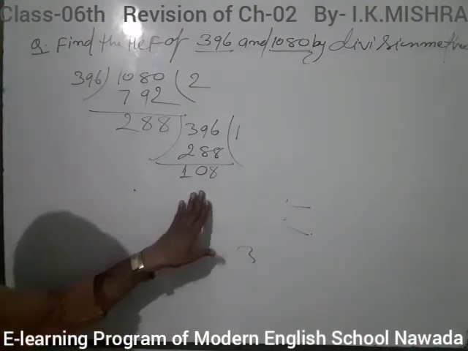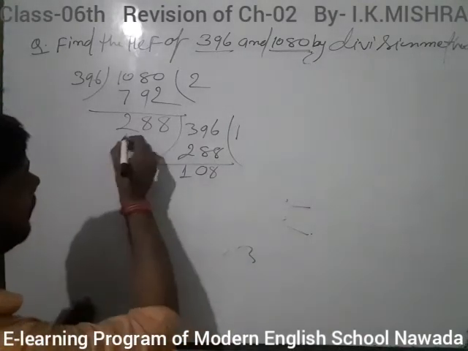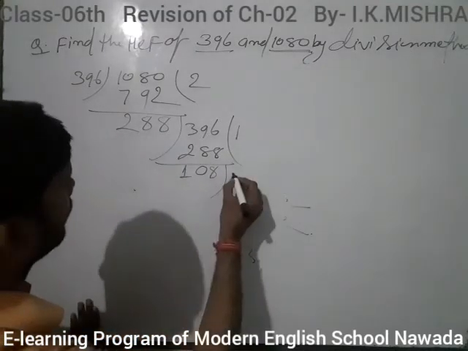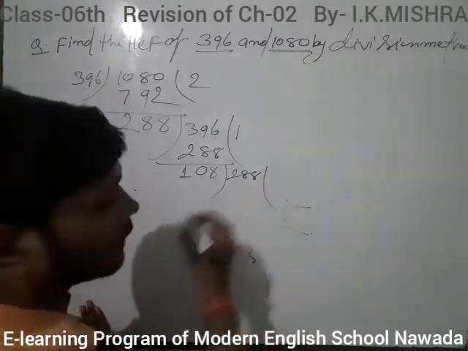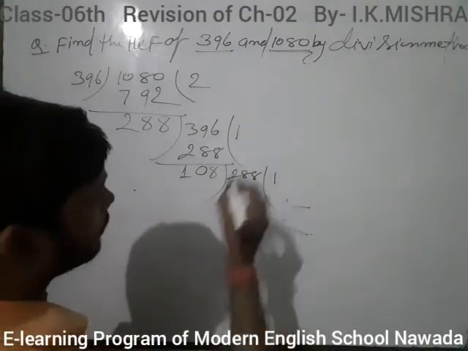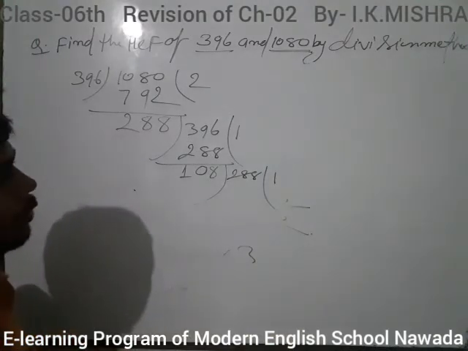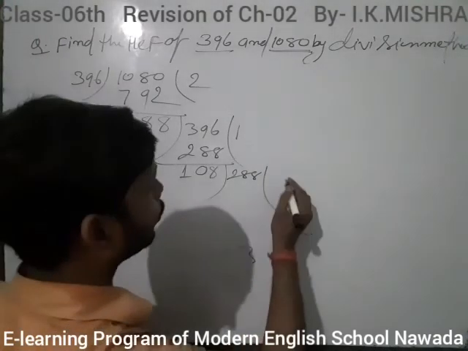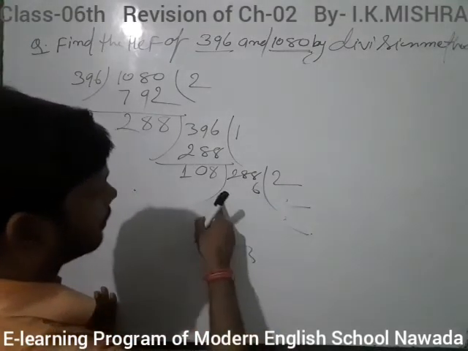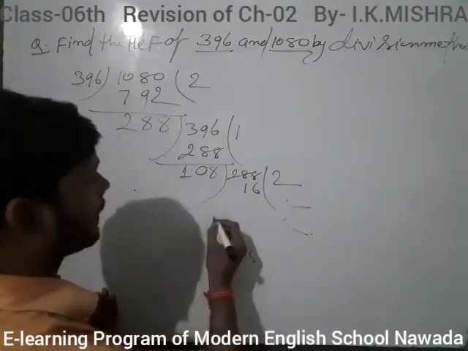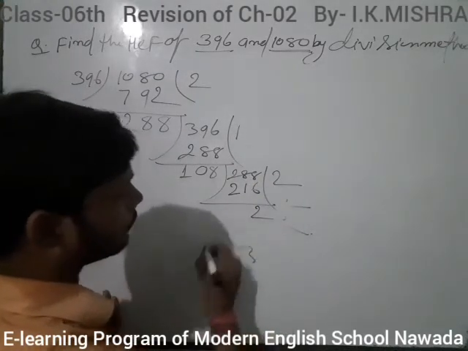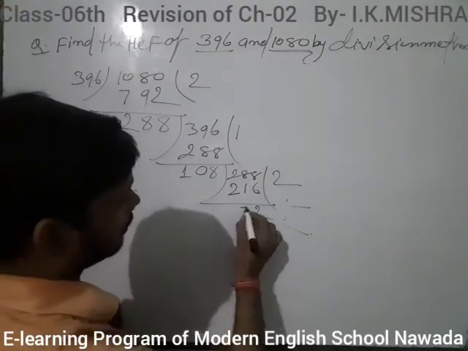Again students, divide this by 108. So students, here 288, how many times? 2 times, here 216 and remainder 72.